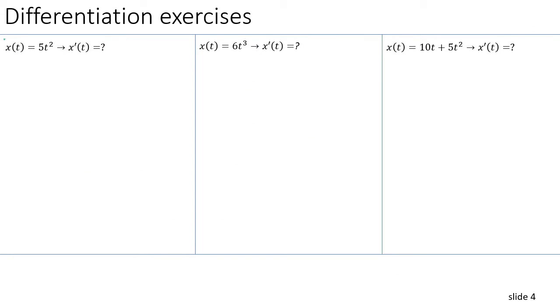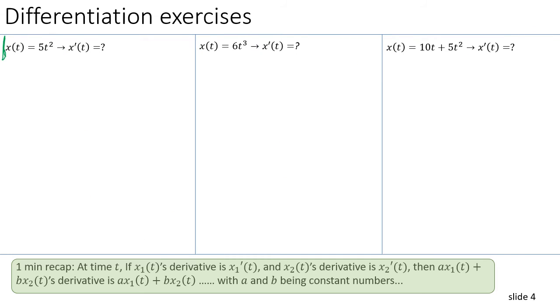Okay, now let's get to this one over here. What is the derivative of x(t) equals 5 times t squared? Well, when we are doing the derivative of this, we can use the homogeneity property that differentiation is equipped with. Basically, we have 5, a constant number.